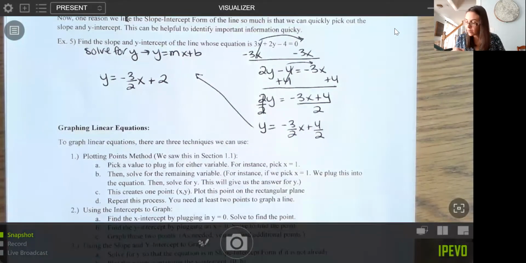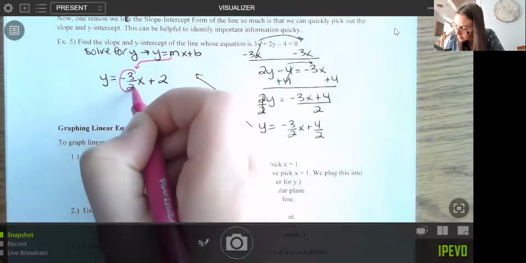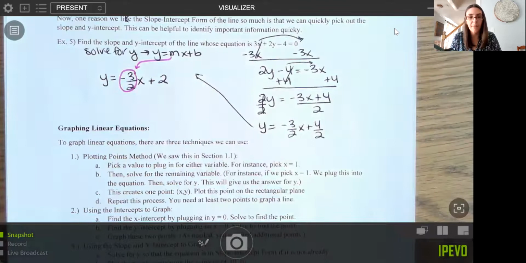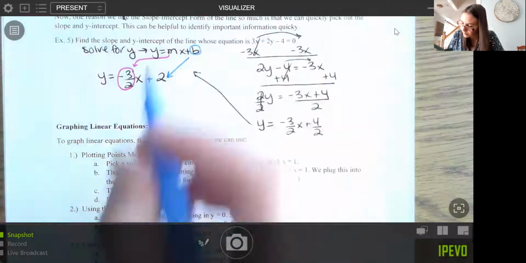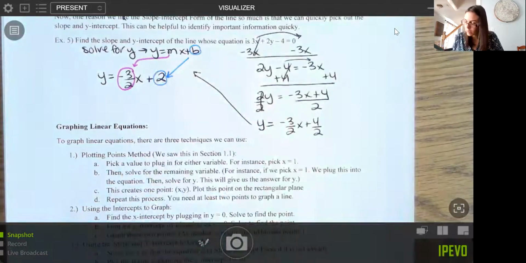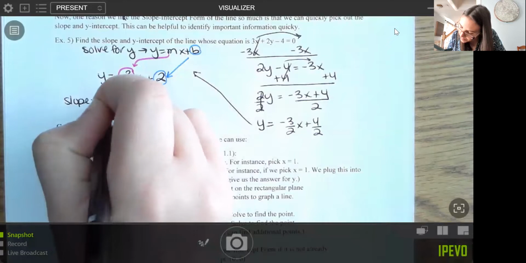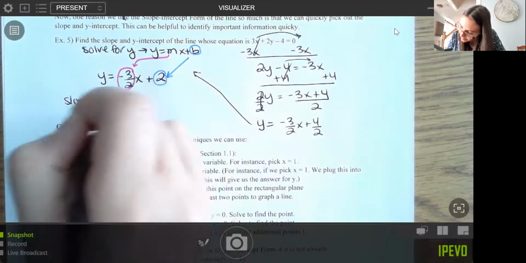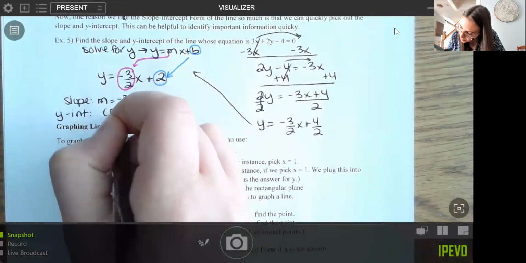And then now you can just kind of match this up, right? So notice my m value is with the x. And then that b value is your other number. So here my slope is m equals negative 3/2. And my y-intercept is 0, 2, right?